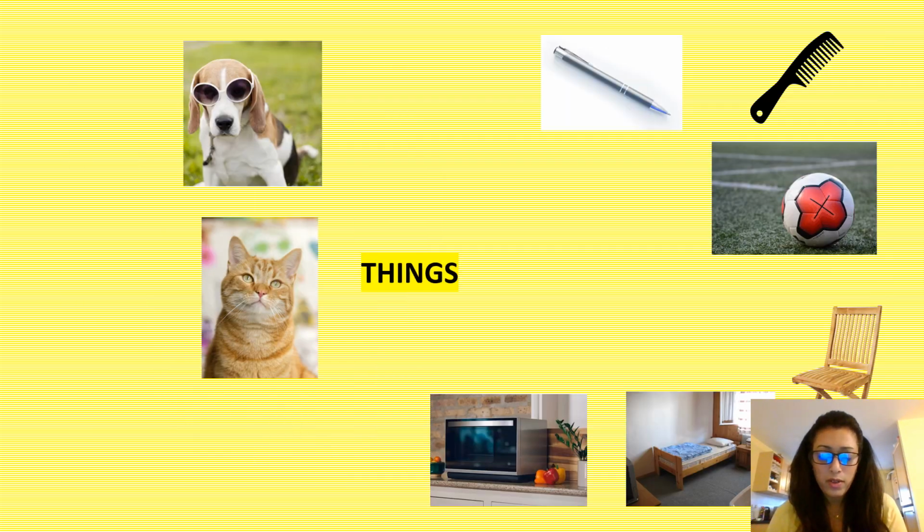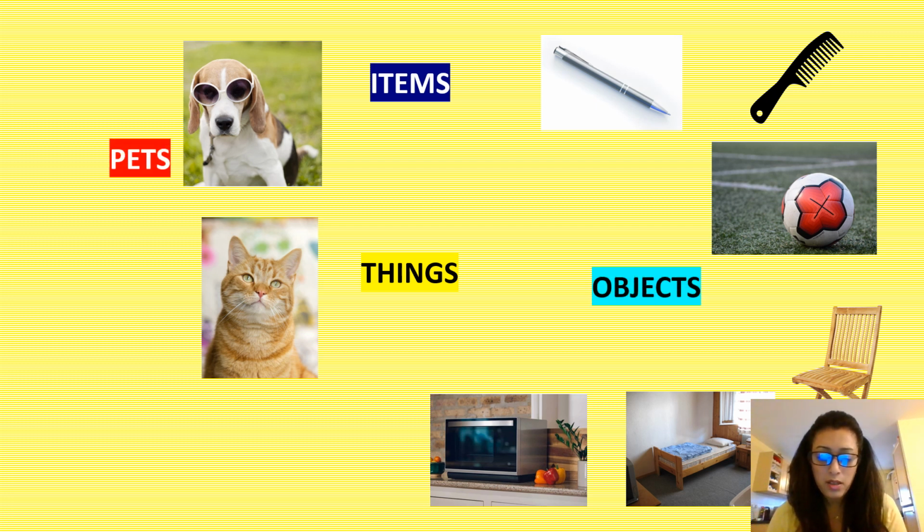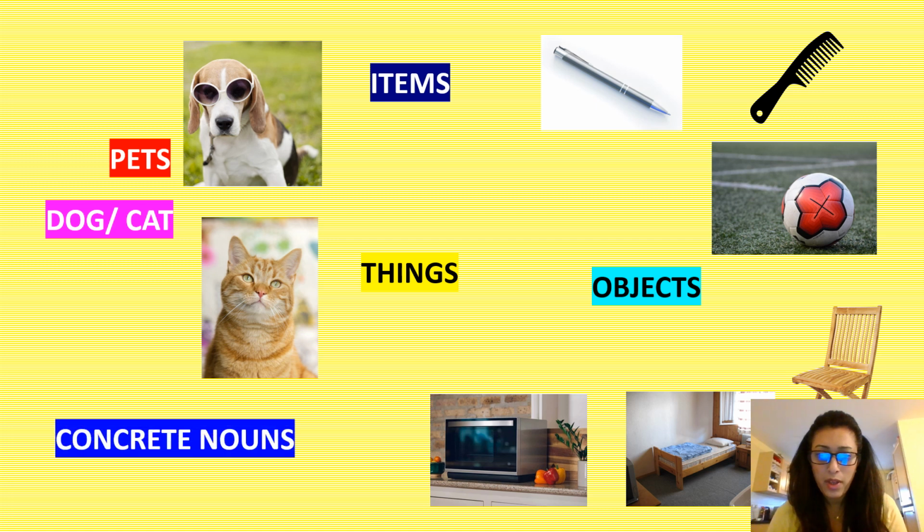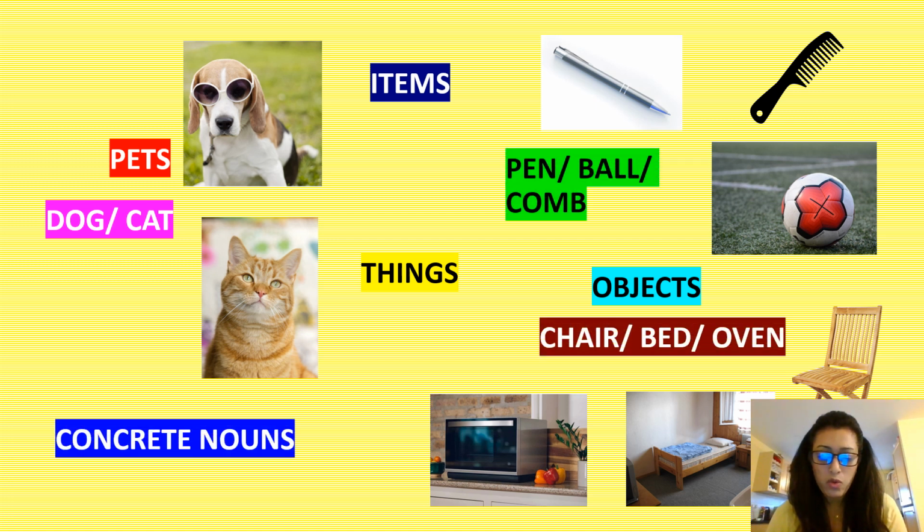And moving on to the things, words that name things are nouns, including terms for pets, dog or cat, items you play with or you deal with every other day, and objects in your house like oven, bed, chair.